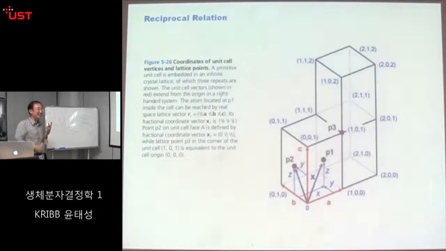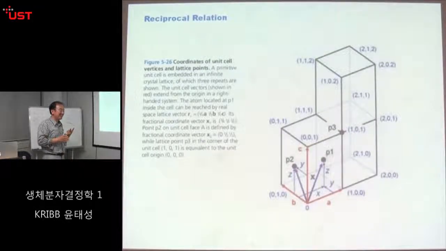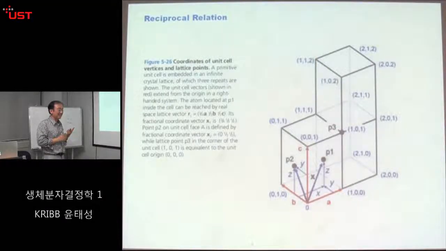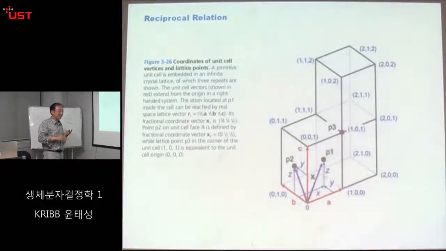You can say one of them and we can say the other one. Who will say first? Electron density. Electron density. What other do you have? Diffraction structure.